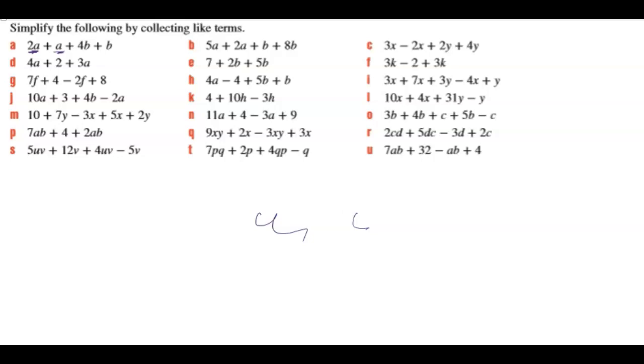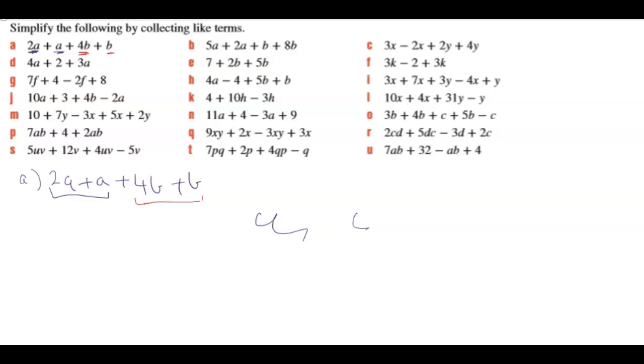We've got 2A and A, so they're like terms, and then we've got 4B and B. That tells me I can only add those things with the same color. So we've got 2A plus A, and then 4B plus B. We can't add all 4 terms together to simplify it.